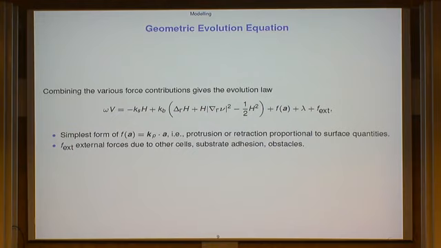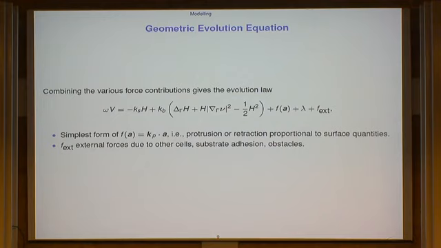So the sign of the ith component of this vector Kp will tell you whether the ith species promotes protrusion or retraction of the cell membrane. I've also included these Fx, the external forces, and I'll show you how through those forces we can include sort of toy models for more complicated phenomena. So interactions with other cells, adhesion to a substrate, or migration in the presence of obstacles.